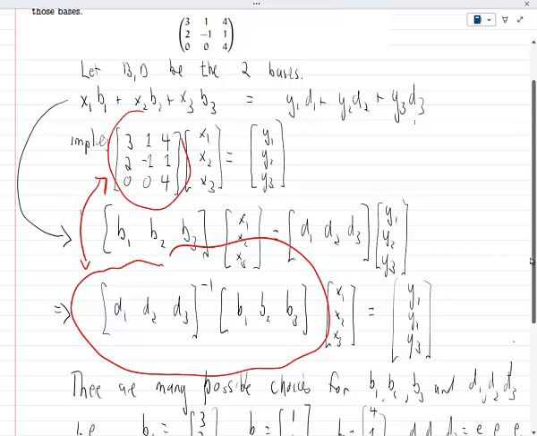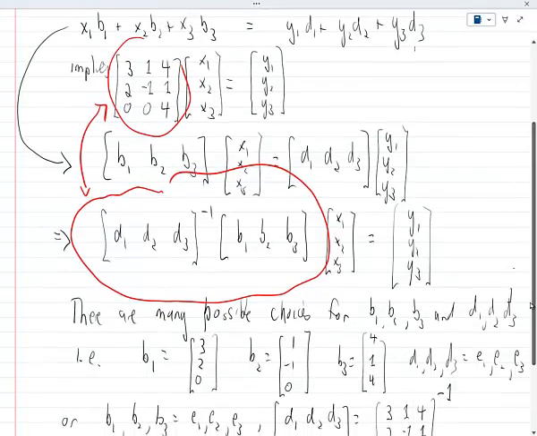Now, there's many ways to do that. The easiest way is to simply choose my d1, d2, d3 as the column vectors e1, e2, e3, the elementary basis vectors, which would make this matrix the identity. And then b1, b2, b3 would simply be the columns of this matrix.